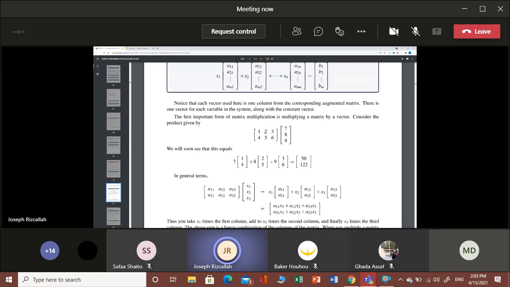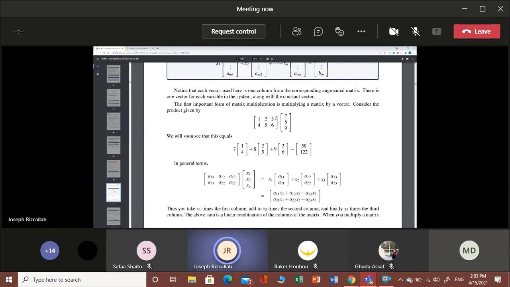How do we define the operation of multiplication between a matrix like this and a vector like this? First of all, and it's going to be crucial, the number of columns in the matrix has to be the same as the number of rows in the vector. Here there are 3 columns and here there are 3 rows, so 3 and 3 should be equal. Otherwise, the operation is undefined. We can't define the operation.